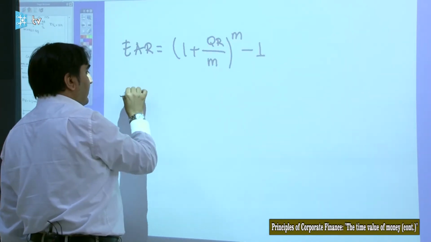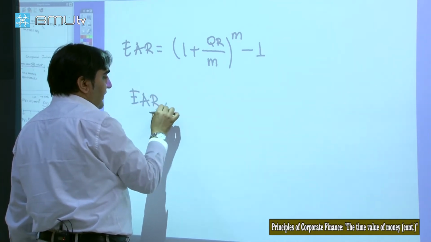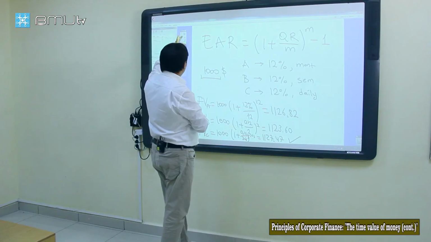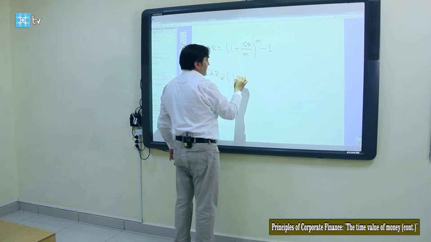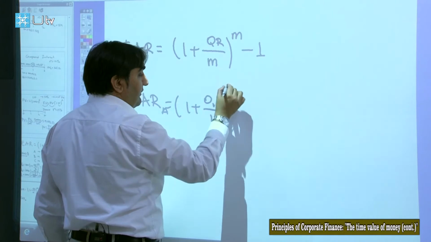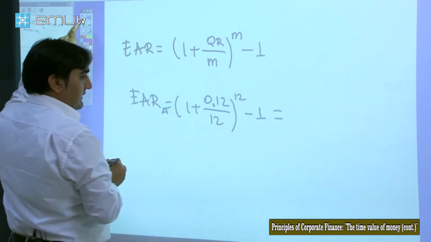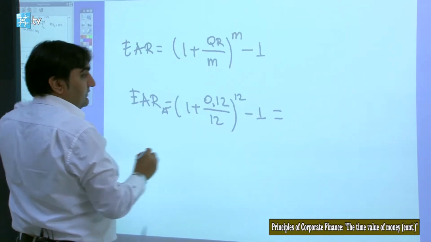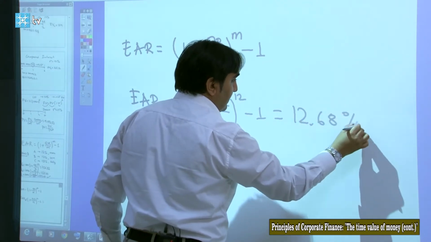For example, for our effective annual rate for option A, it is 1 plus 12% divided by 12, to the power of 12, minus 1, and it is 12.68 percent.